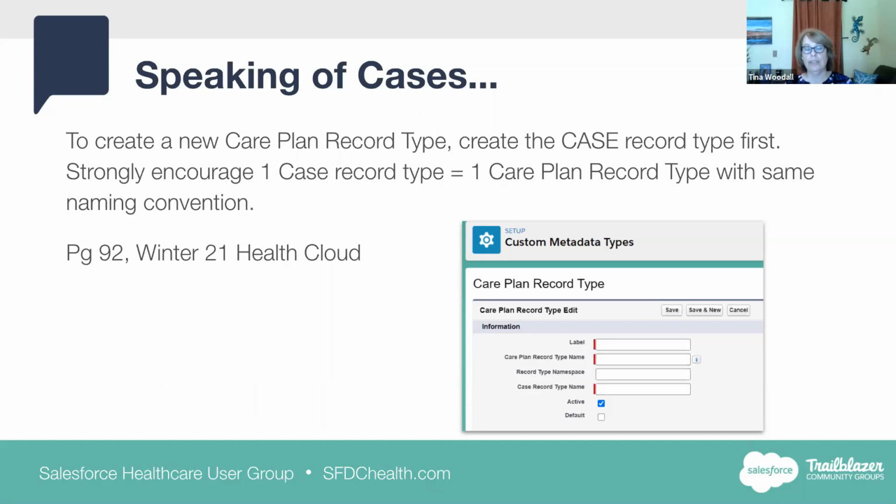And then I strongly encourage you that when you create that case record type, you create one care plan record type with the same naming convention. If you have no idea what I'm talking about, that's fine. But on page 92, if you're developing additional care plan types, then you need to have your case first, and that goes here, your case record type name, to create your care plan record type.